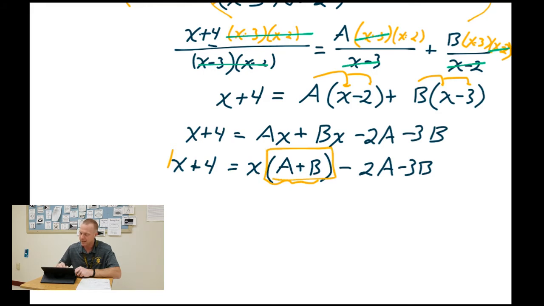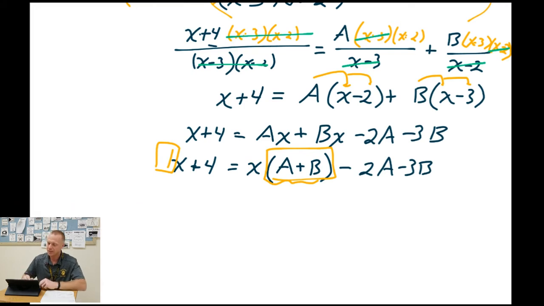That's right, it's A plus B. Wait a minute, what has to be true if both sides of the equation are equal? What has to be true about my two gold boxes? Yes, that is right. A plus B has to equal the number 1. Now, that's because both sides of the equation are equal, so whatever's in front of x needs to be equal.